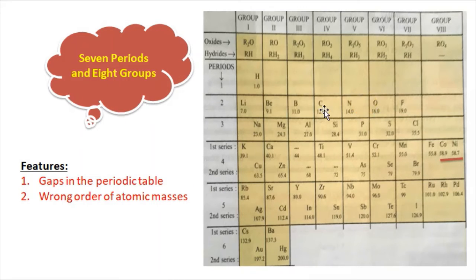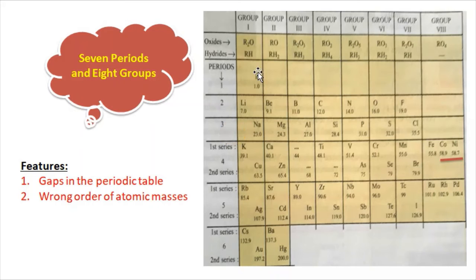Groups are like this, vertical. Out of these 8 groups, the first 7 groups are the groups of the normal elements, and this 8th group is a group of transition elements, which we will study in further classes. And noble gases were not known at that time, so there was no group for noble gases in his table.